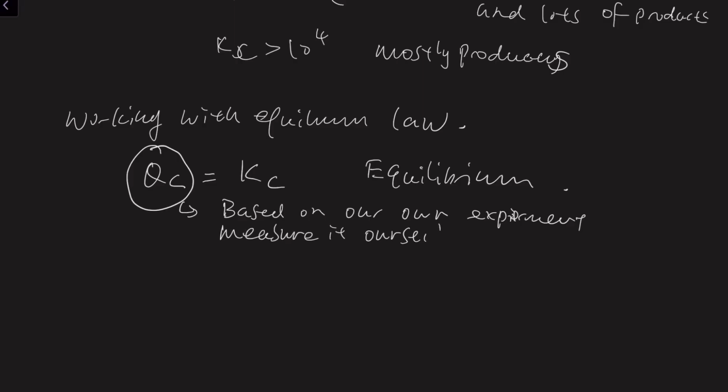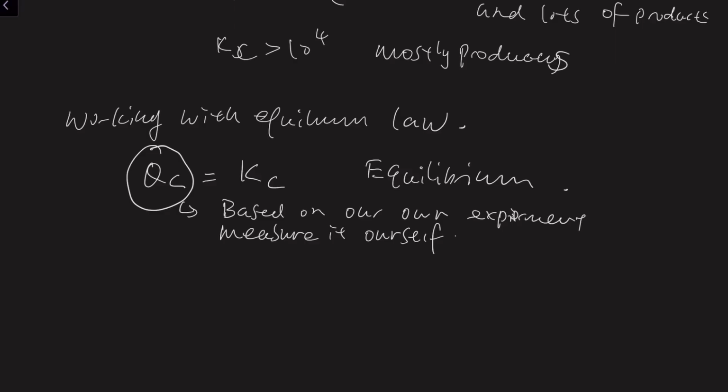We need to actually measure what is the concentration of hydrogen gas, what is the concentration of nitrogen gas, what is the concentration of ammonia in our own system? And since we also know the value of Kc already, we can therefore conclude whether our system is at equilibrium or not.